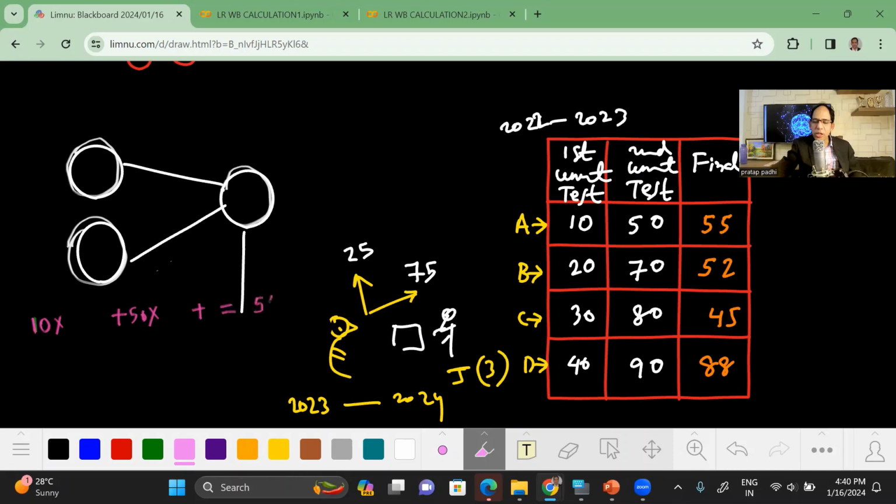This is training a neural network. Mathematically, we multiply a number to 10, multiply a number to 50, and add a number. Am I getting 55?